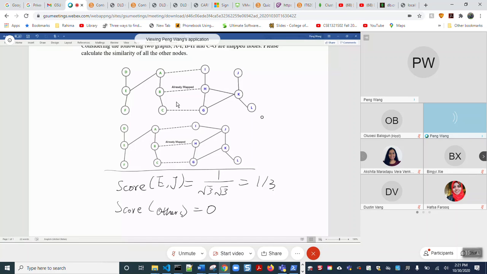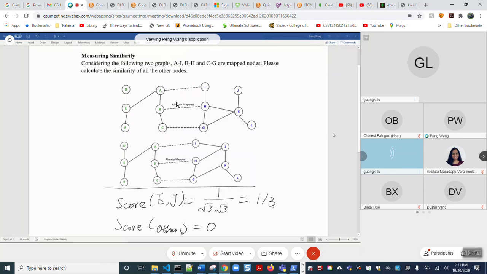Actually, I have a question about this question. Yeah. So basically, we have a score from E to J. Because it's the top score in this graph, I think we can build a pair from E to J because they're the top score. Yeah. So then E to J are mapped.